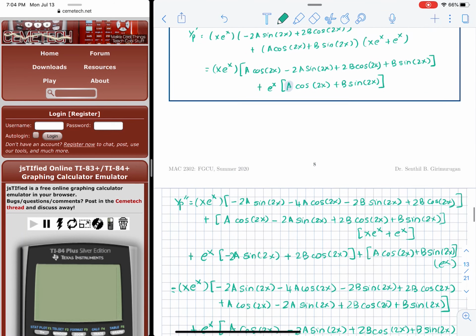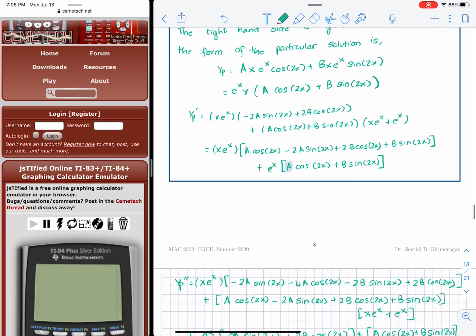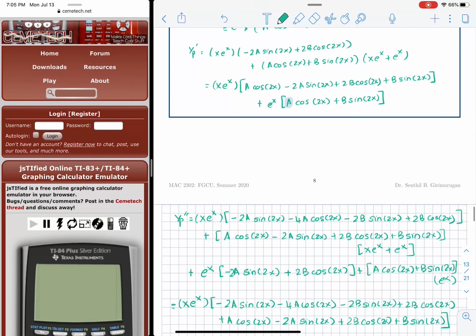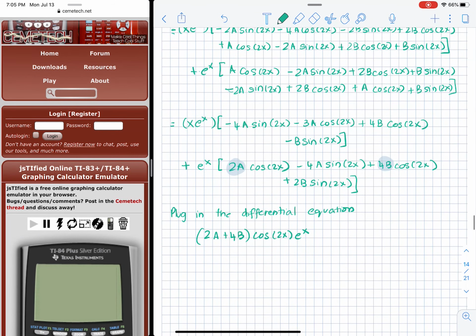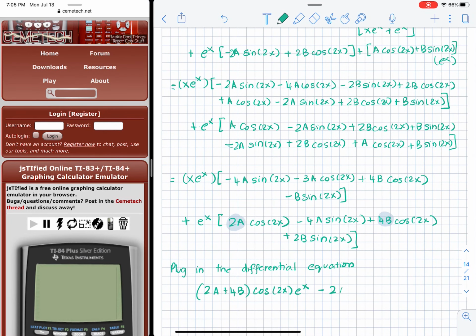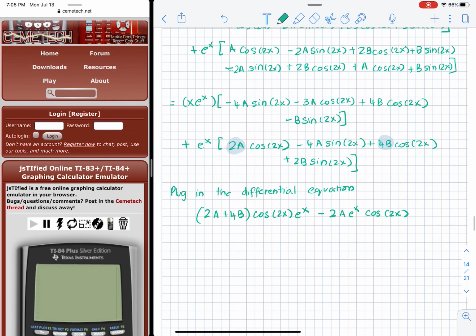And in the first derivative, we have a cosine 2x, and the equation has minus 2 there, so minus 2a e raised x cosine 2x. So all the terms we need imply the right hand side is e raised x cosine 2x.